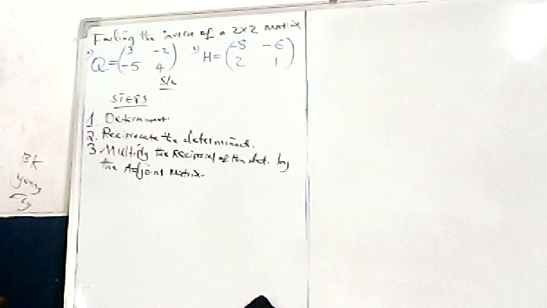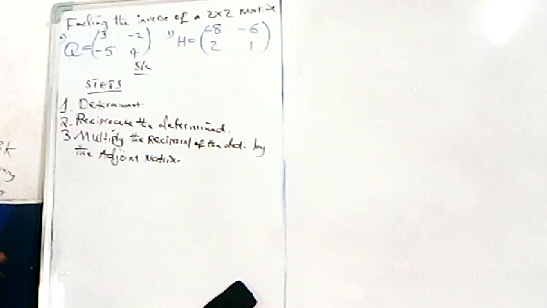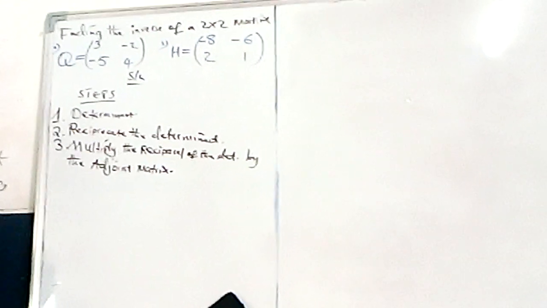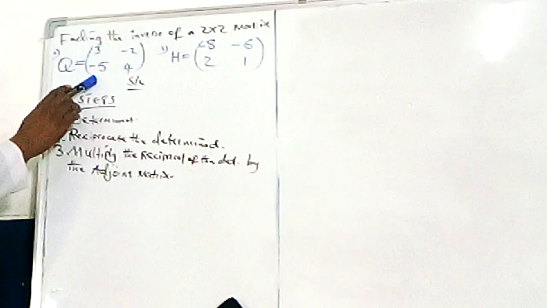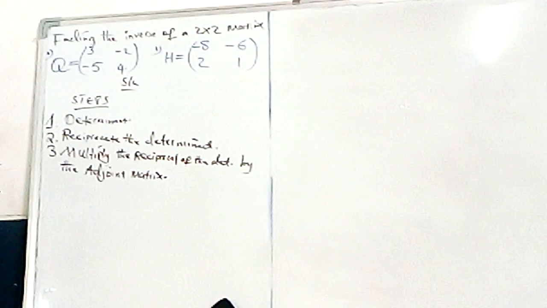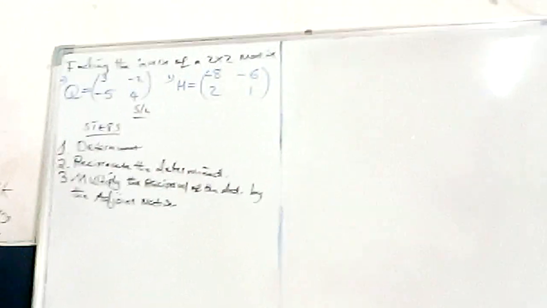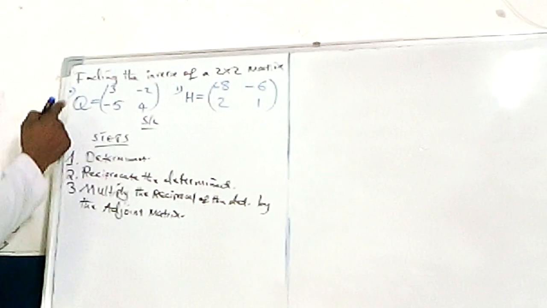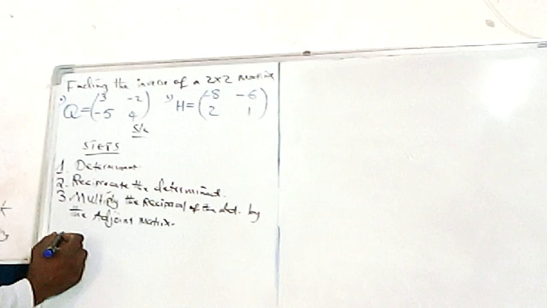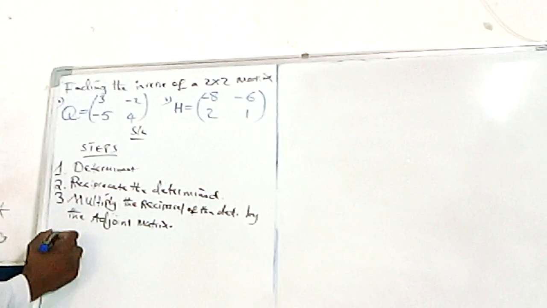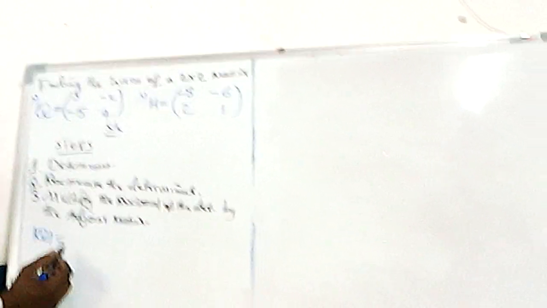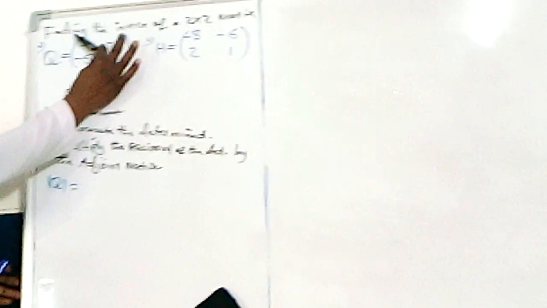So for example, we'll pick the first matrix Q here. We want to find the inverse of matrix Q. What are we supposed to do? Well, we need to find the determinant of that particular matrix. We know it will be the major diagonal.